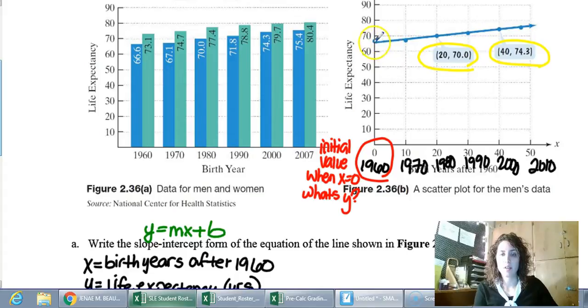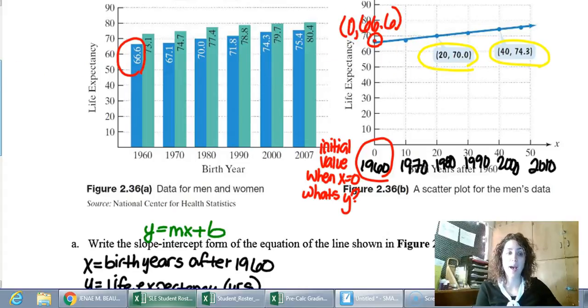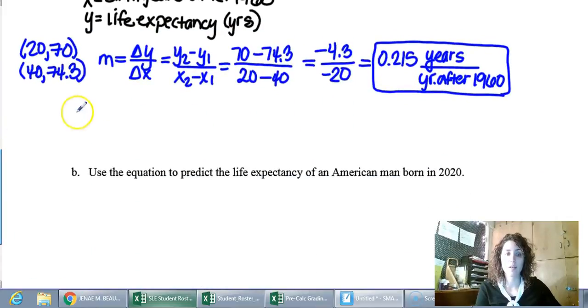I have to ask myself, do I know what this is? The answer would be no if I didn't have this bar chart, but I've got the bar chart. In 1960, I know that men lived 66.6 years. So this ordered pair is (0, 66.6). We do have the initial value given to us.